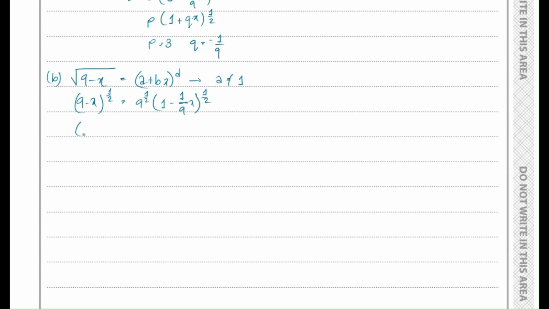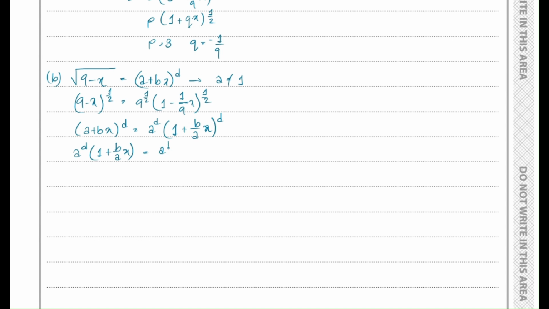So for (a + bx)^d, we would bring a out at first, like what we did in part A, and to expand this, it would be a^d (1 + (b/a)x)^d.